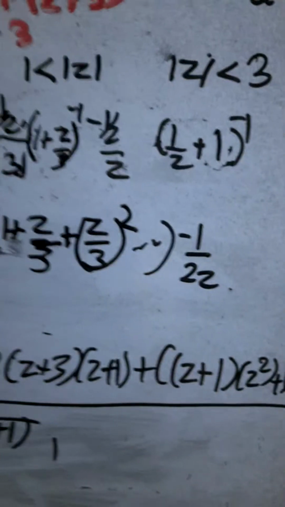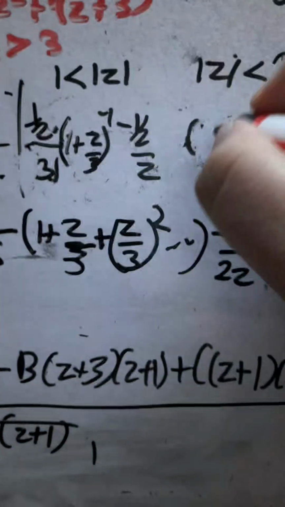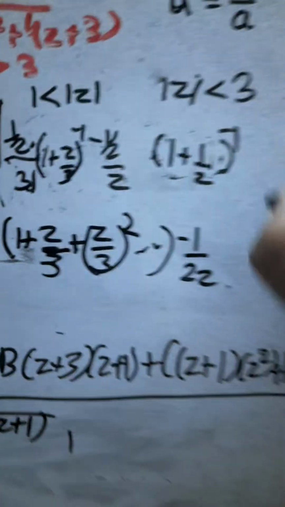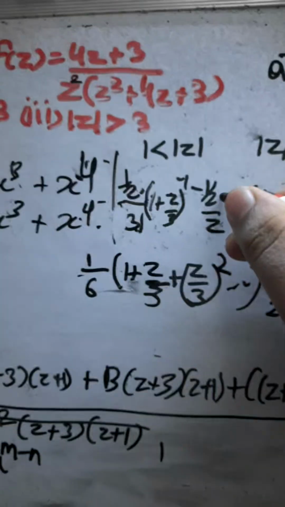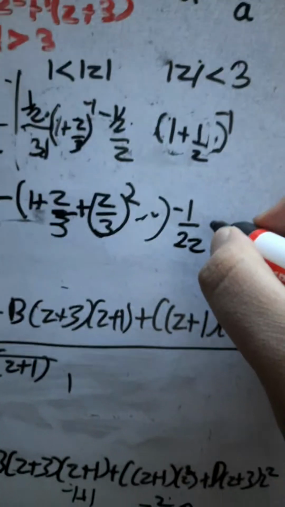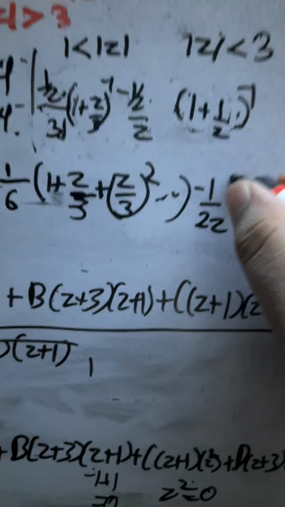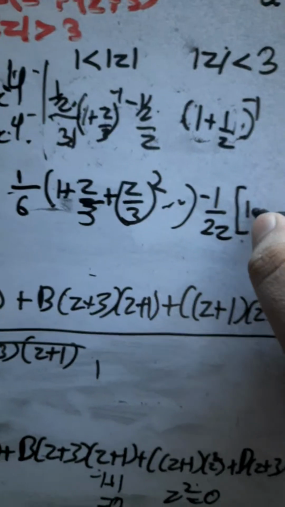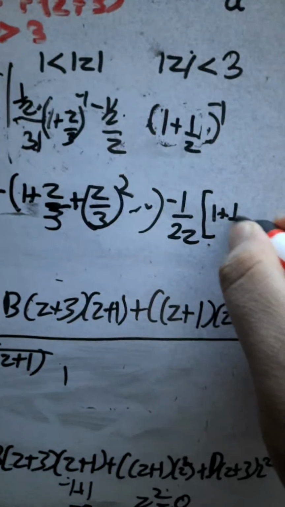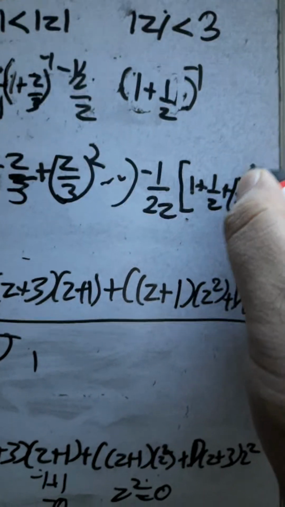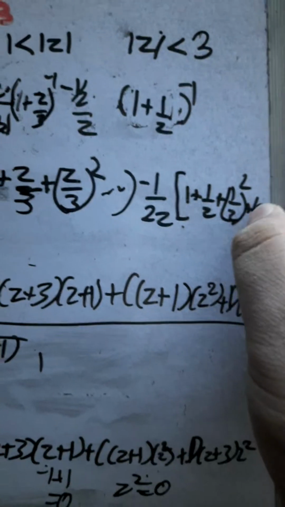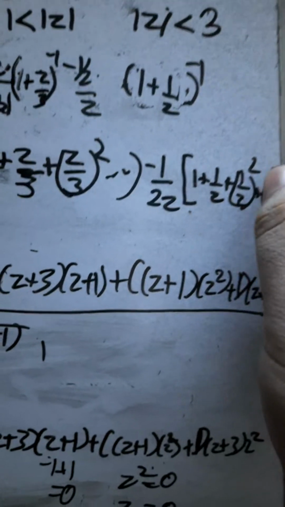Yes, so 1 by 2z, numerator into numerator, denominator into denominator, 1 by 2z into this stuff again, 1 plus 1 by z plus 1 by z whole square plus 1 by z whole cube, and all that ahead.